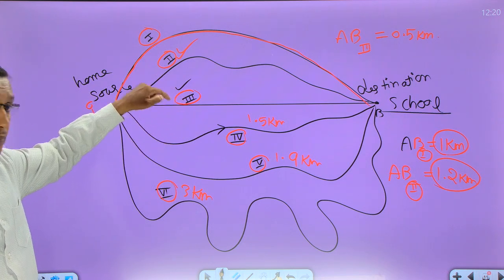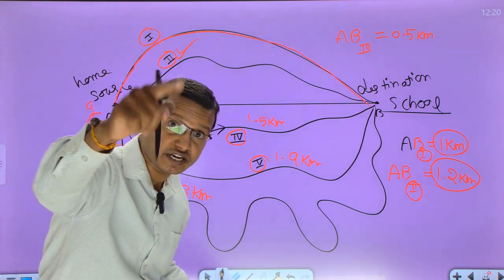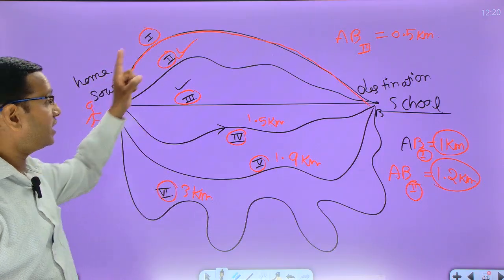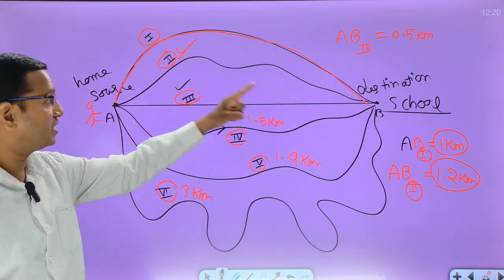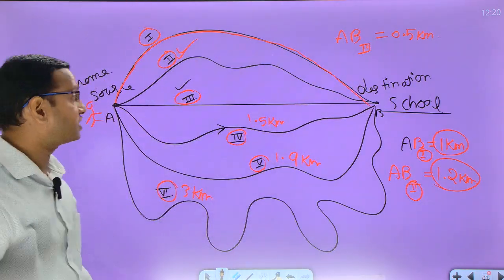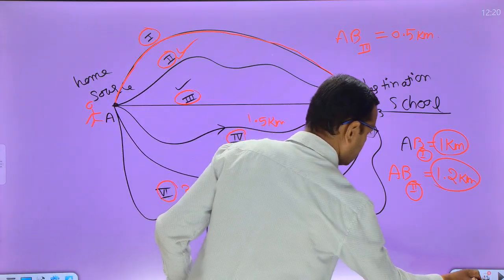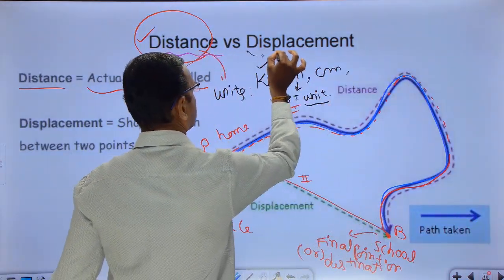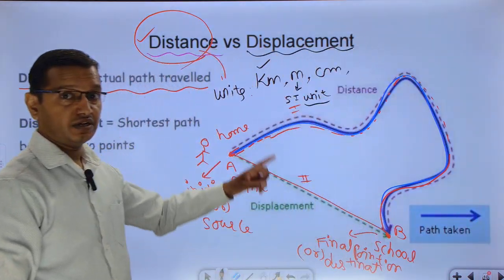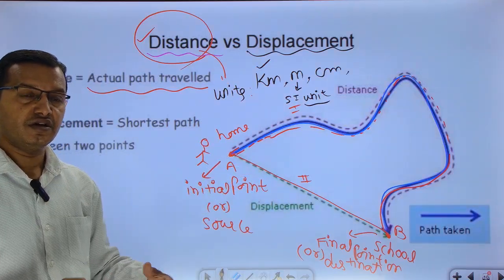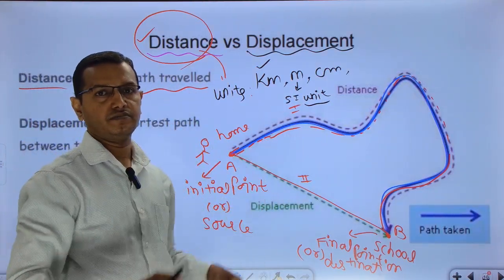Now this path 3, which is the shortest distance between point A and point B, that is, source and destination, is called displacement. So now I'm shifting the concept to displacement. Displacement is the shortest distance between the source and destination.